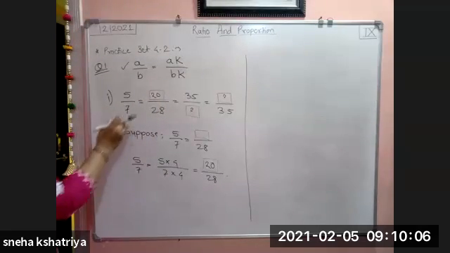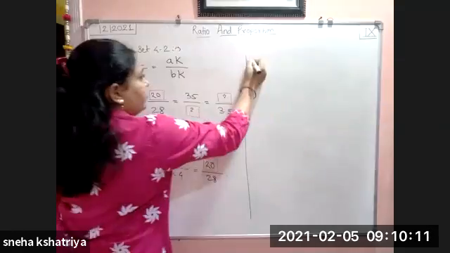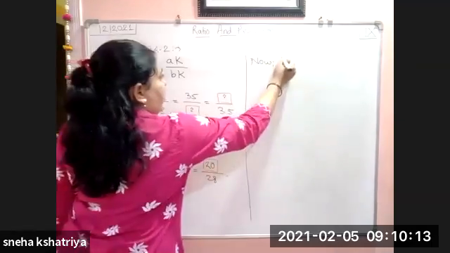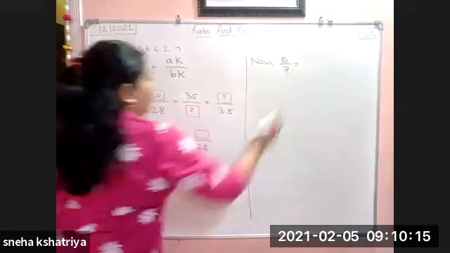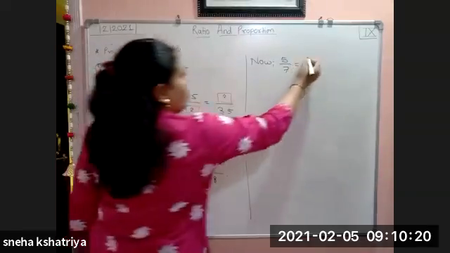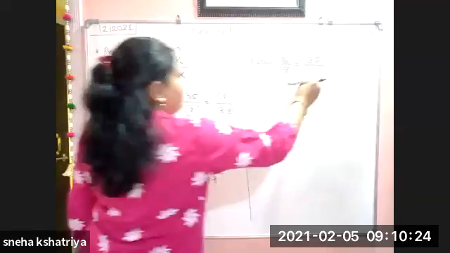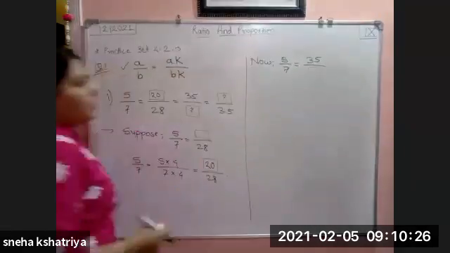Similarly, second. Now drop the first one, take the second one. 5 upon 7 is equal to, this second one, 35 upon box. Again the same thing.